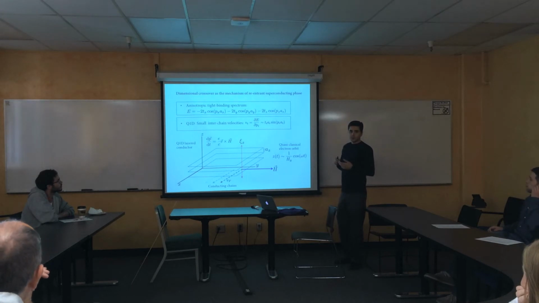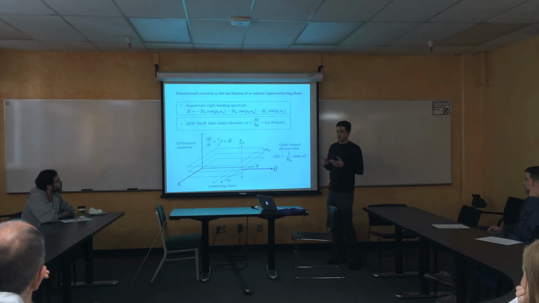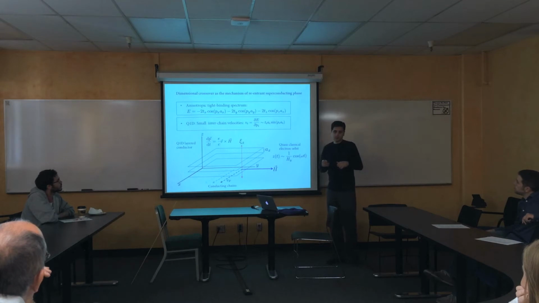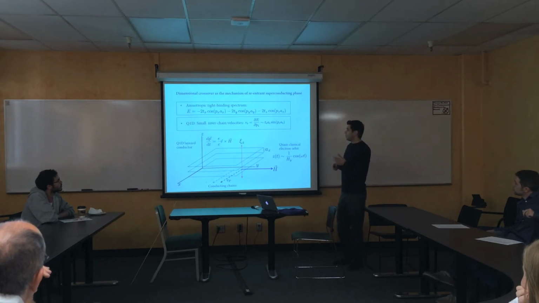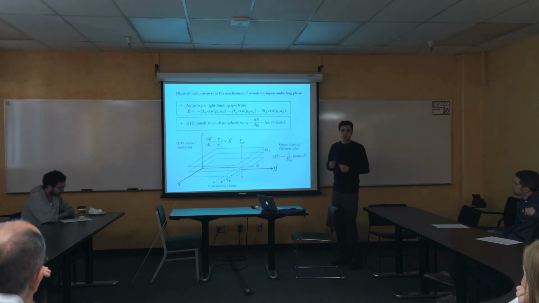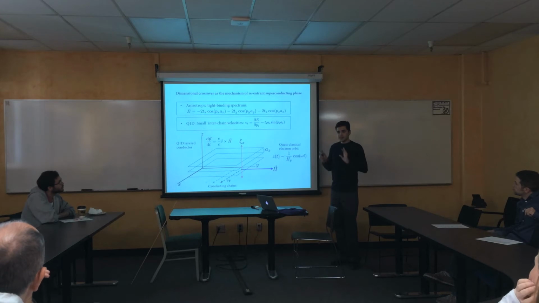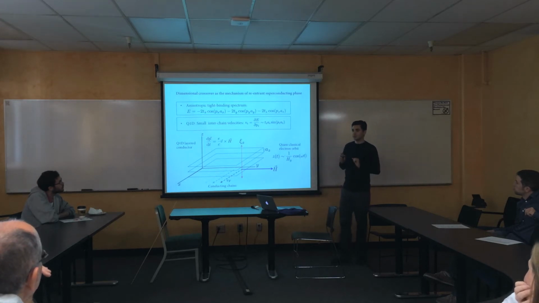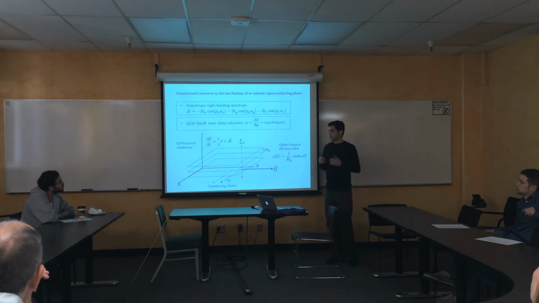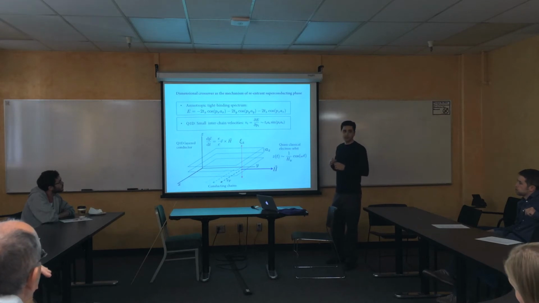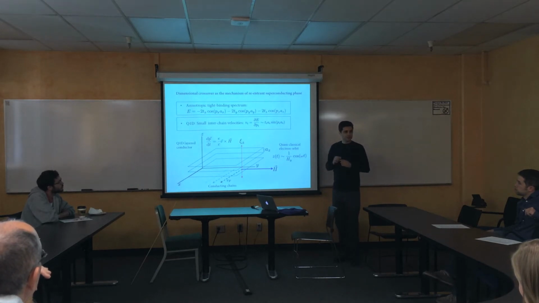And therefore, orbital destructive effects, which kill superconductivity, are minimized in this case. And that leads to the restoration of superconductivity under high magnetic fields. This is a very, very qualitative explanation, but I want to say it just to make sure we're on the same page. Any questions so far?